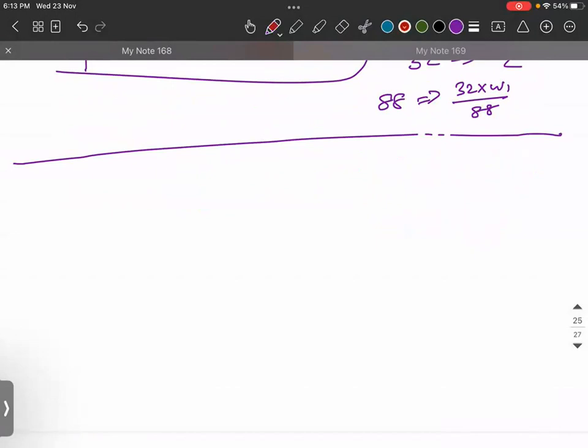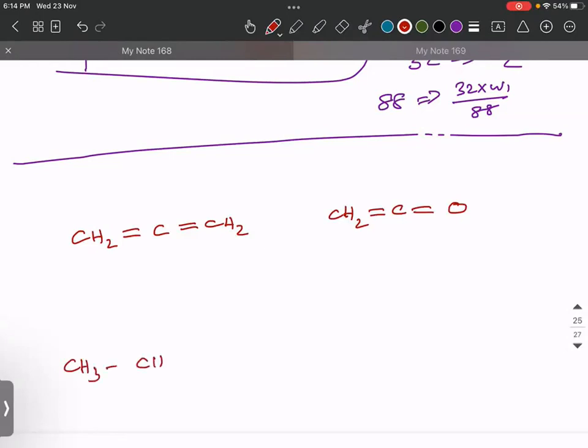Writing the compounds: CH2=C=CH2, CH2=C=O, CH3CHOHCH3.